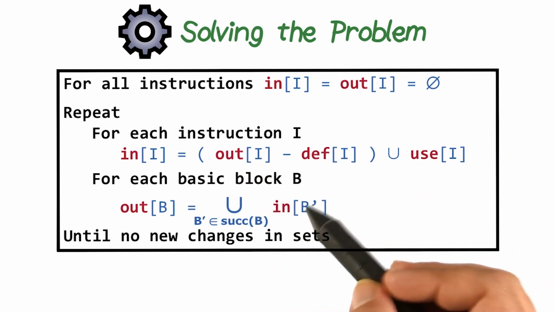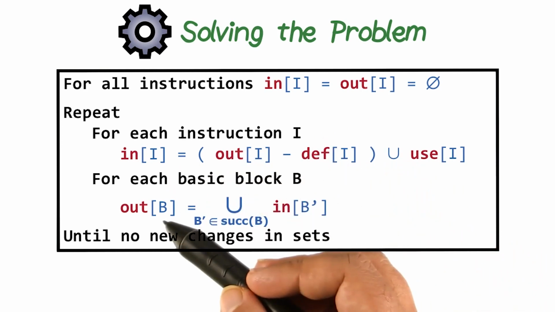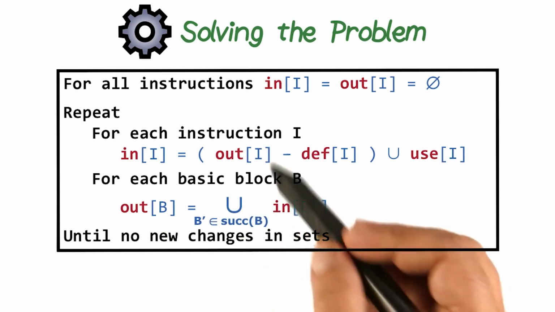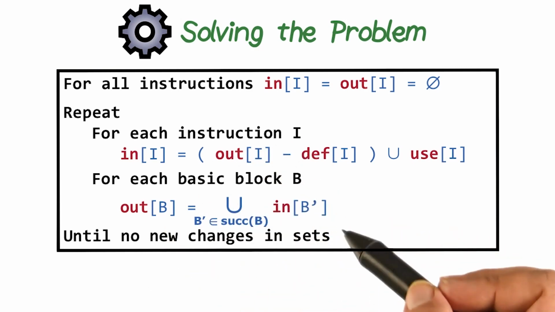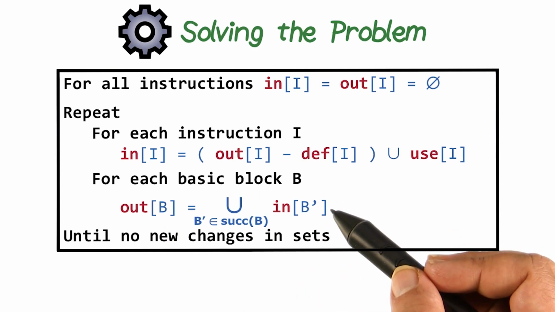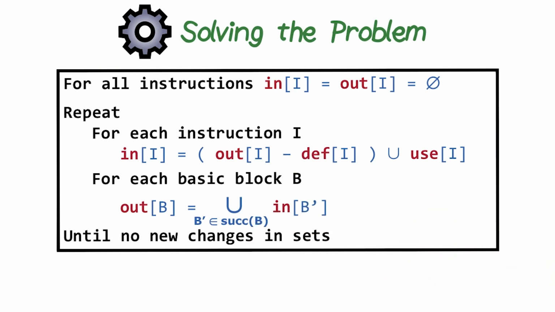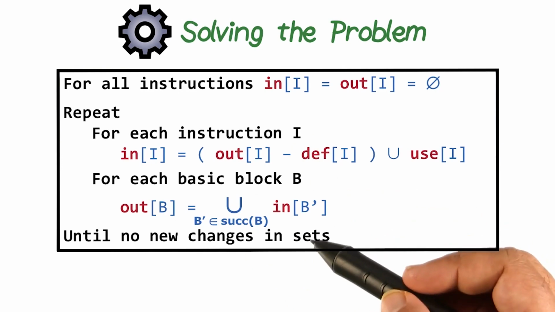Then we'll substitute that again to compute the out set of the predecessor of the block, and we'll repeat this process. When the sets don't change, when all the values are propagated, we will stop. And that's an iterative algorithm for finding the live sets.